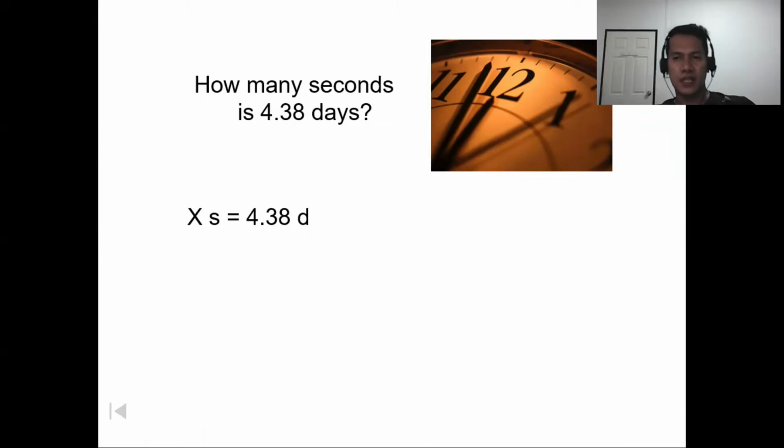Which step is the one that we need to take first? Let's try to cancel out days and convert that into hours. So we already know that there's 24 hours in one day, okay? But this is hours, yet we are looking for seconds.